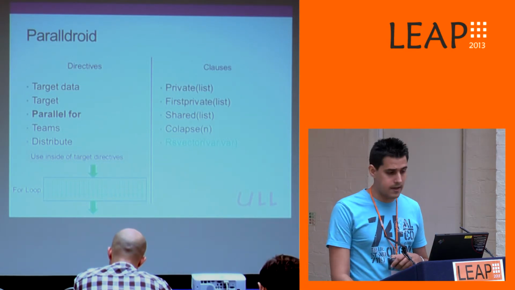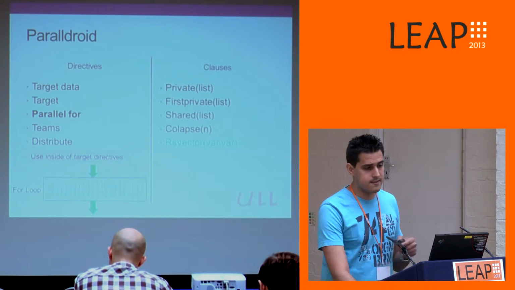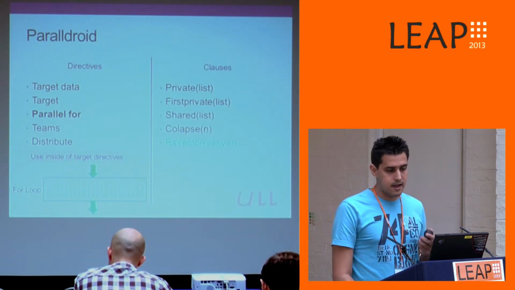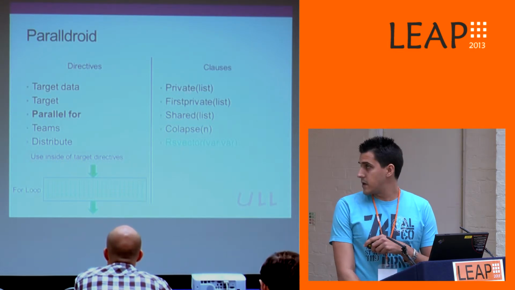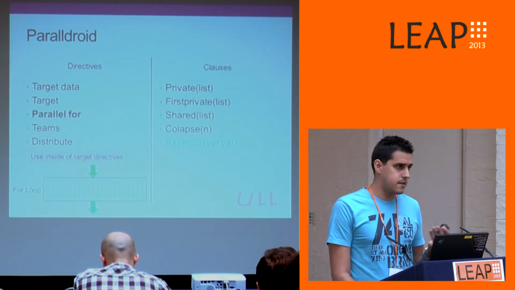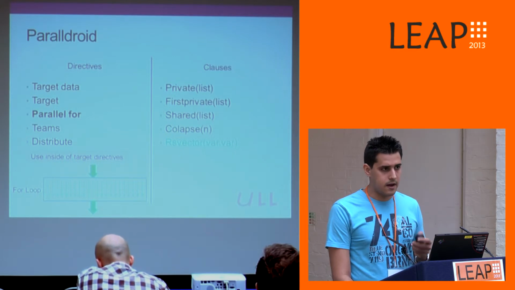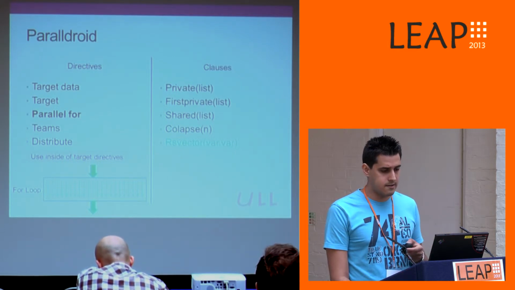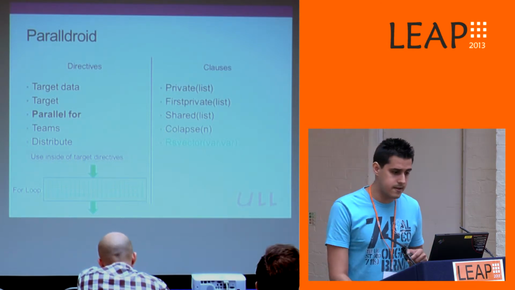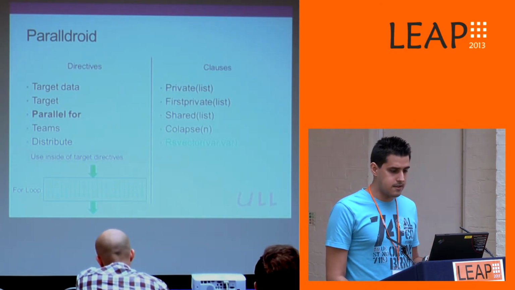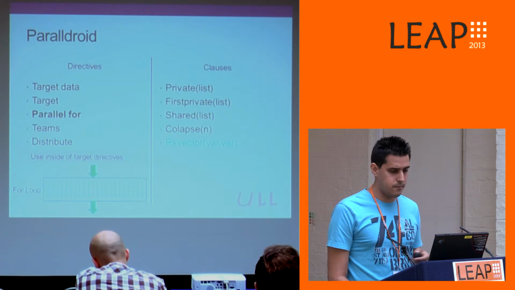Private clause indicates that each thread has a private copy of the variable. Firstprivate is the same, but in this case, the variables are initialized. Shared indicates that all threads share this variable.